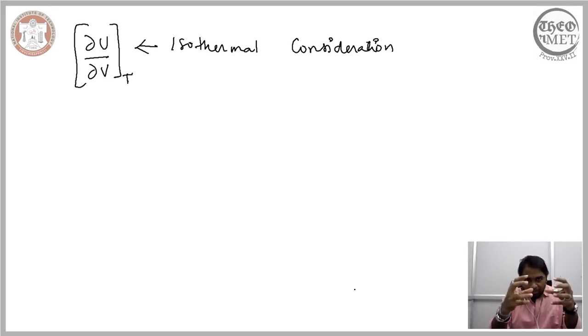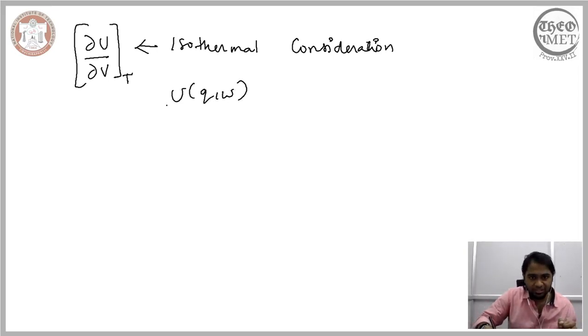So in order to arrive at this partial derivative, essentially we have changed the couple of variables that dictate the internal energy, from heat and work to temperature and volume.